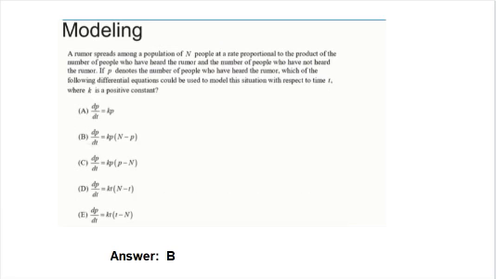Let's keep going. A rumor spreads among a population of n people at a rate proportional to the product of the number of people who have heard the rumor and the number of people who haven't heard the rumor. So let's call our population n.